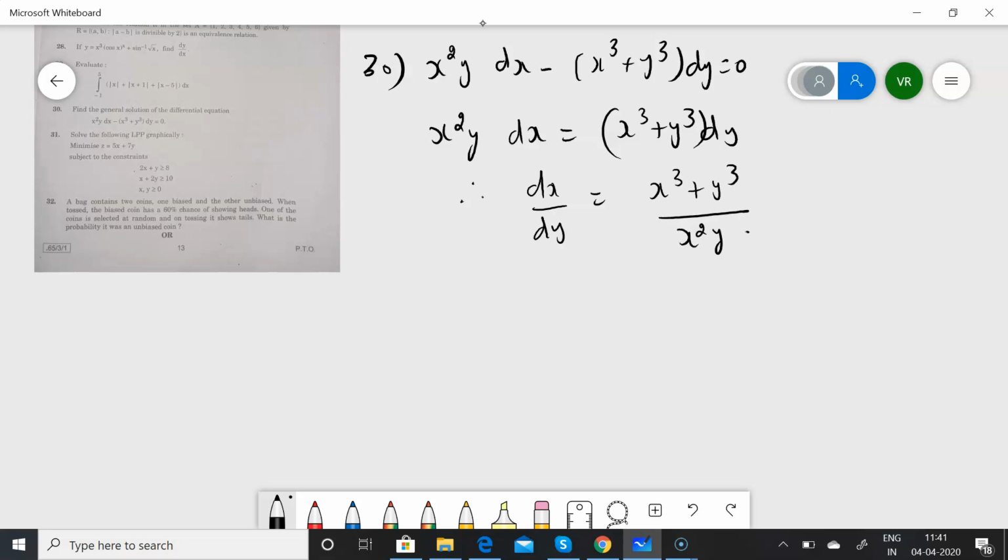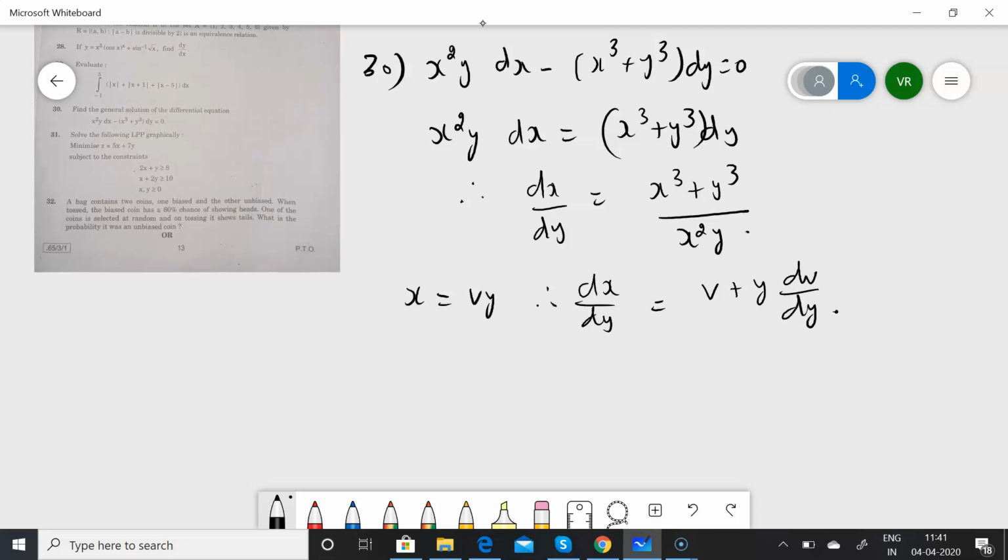Now clearly this is a homogeneous equation, so let me put x is equal to vy. So therefore dx by dy is equal to v plus y dv by dy.